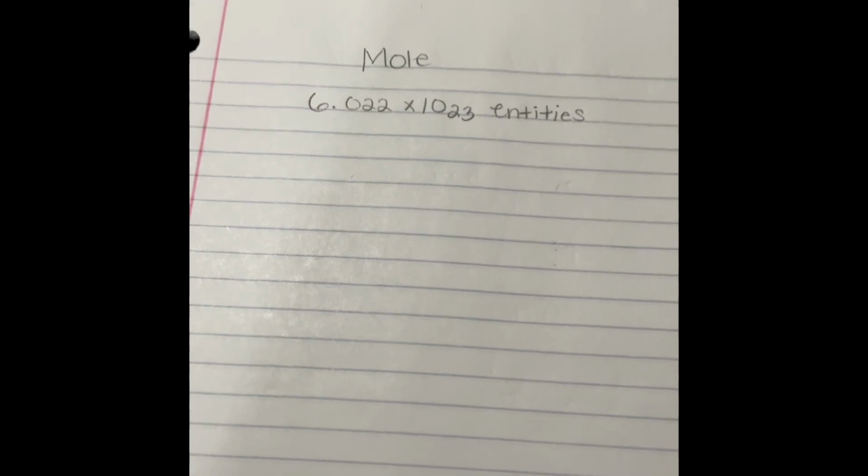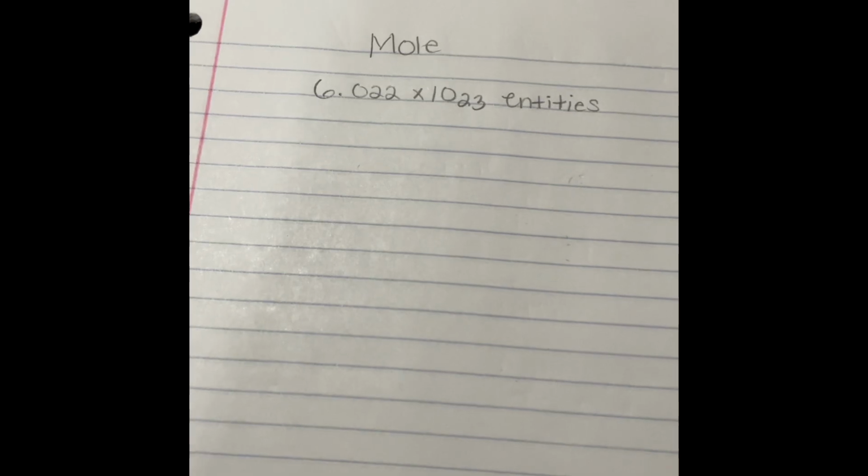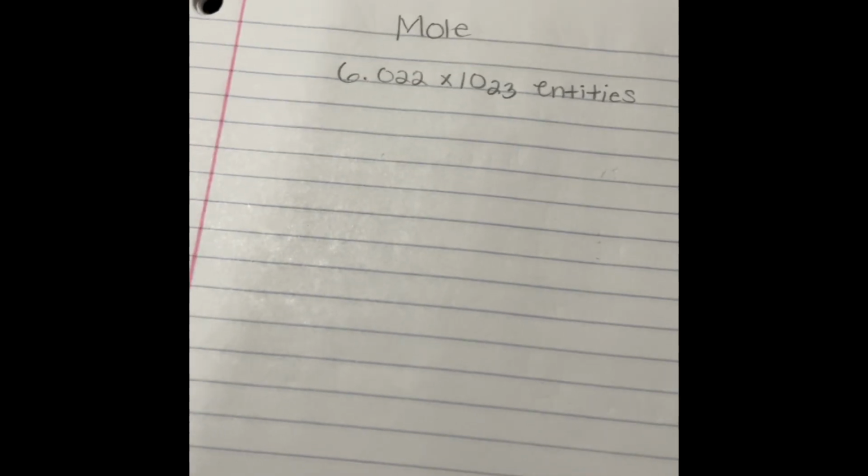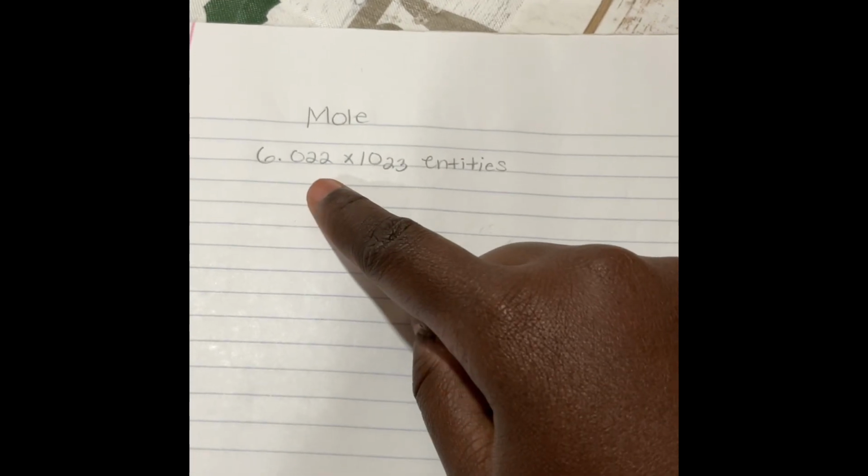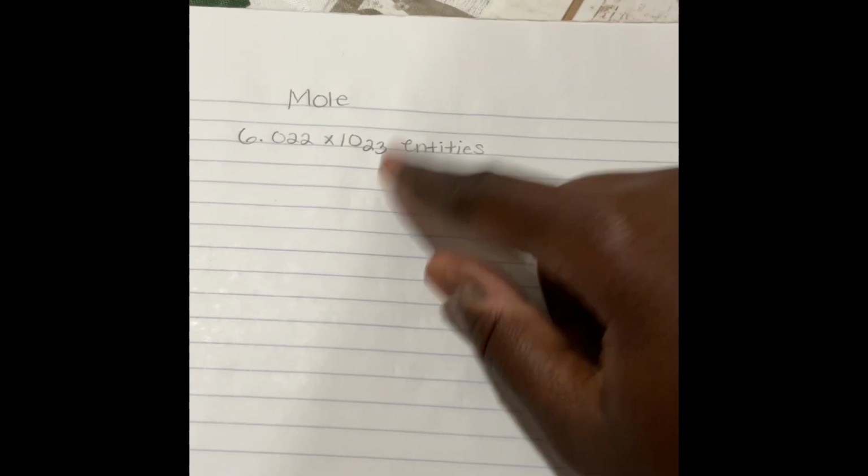I will be going over a mole. A mole is the amount of substance that contains the same number of entities as there are atoms in exactly 12 g. The number for a mole is 6.022 times 10 to the 23rd entities. To be able to find the molar mass, you will need your periodic table.